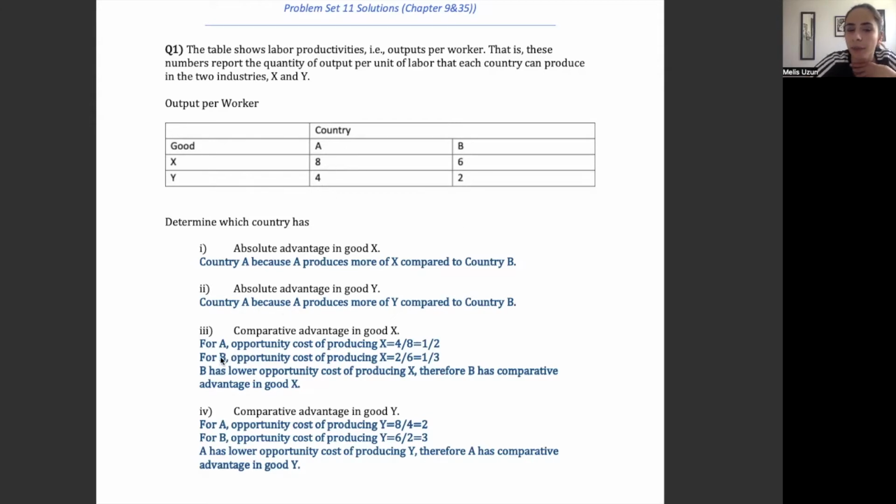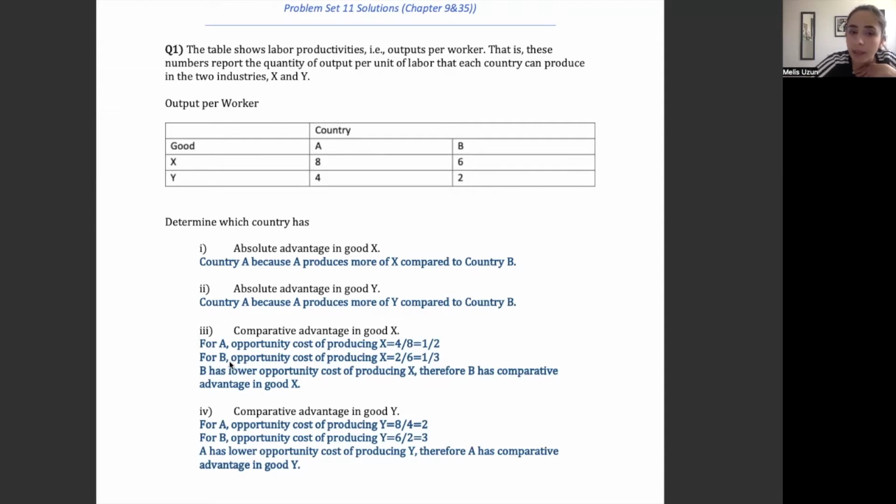When we calculate opportunity cost, we divide the amount of the other good by the amount of the good that we want to determine the comparative advantage for.